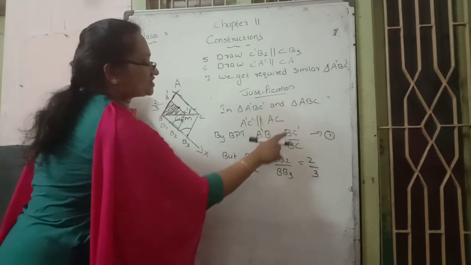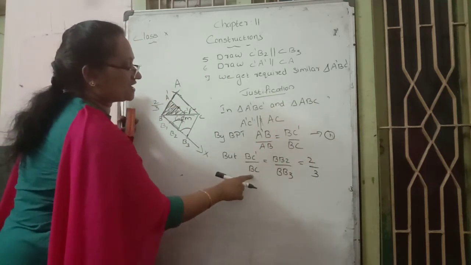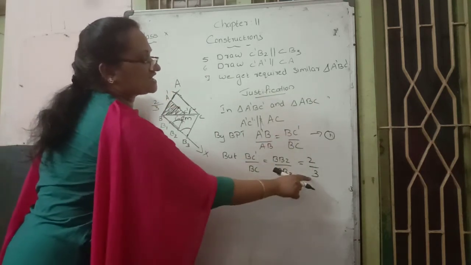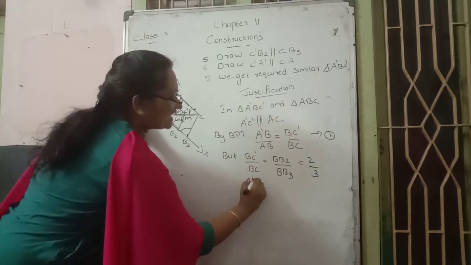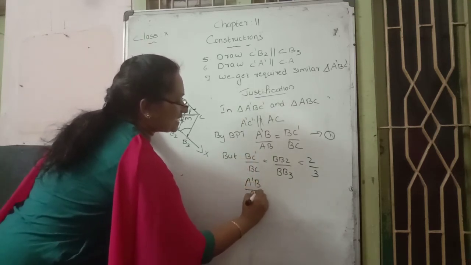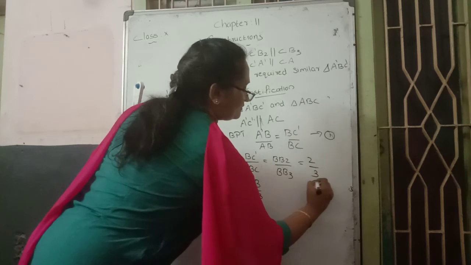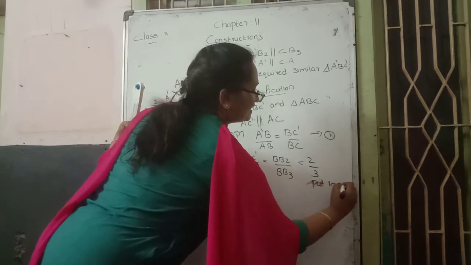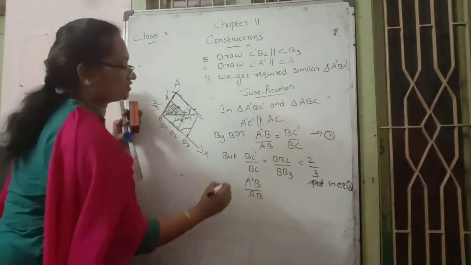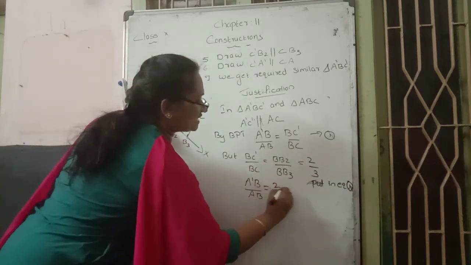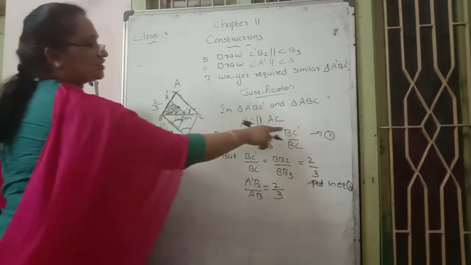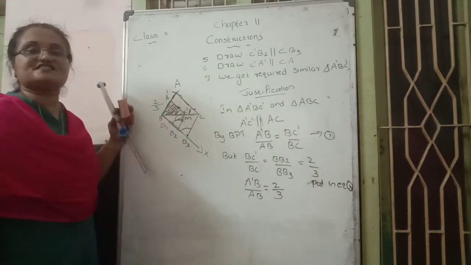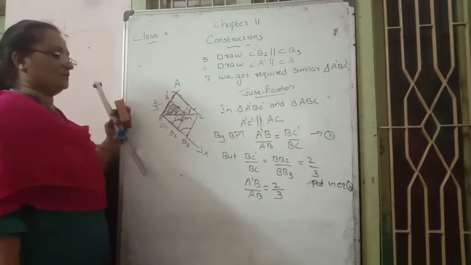Substitute instead of BC dash by BC which value? In equation 1, we get 2 by 3. Instead of BC dash by BC we substitute 2 by 3. So A dash B by AB is equal to 2 by 3.